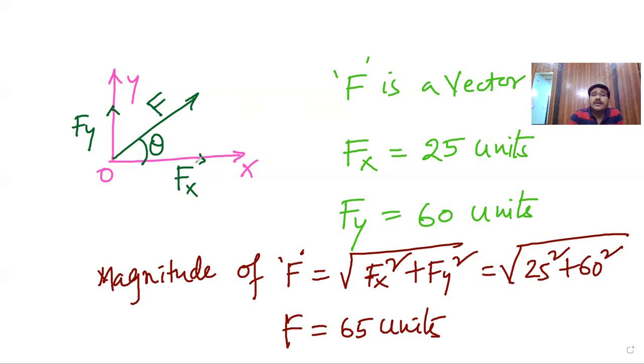Now I need the direction. In the earlier class we have seen that if I draw a parallel line here, this is a right angle triangle. Direction is given by theta. So tan theta is the opposite side by the adjacent side, Fy by Fx.